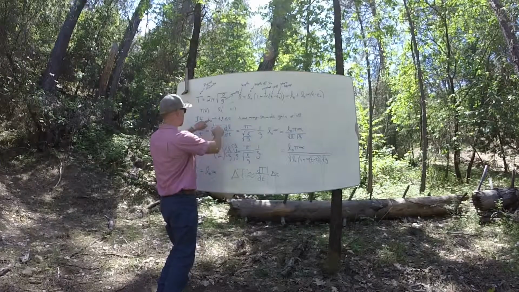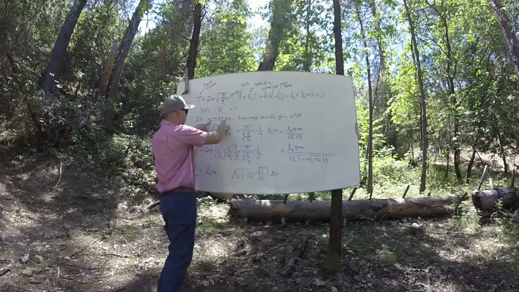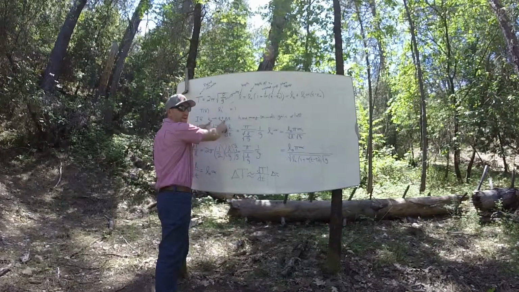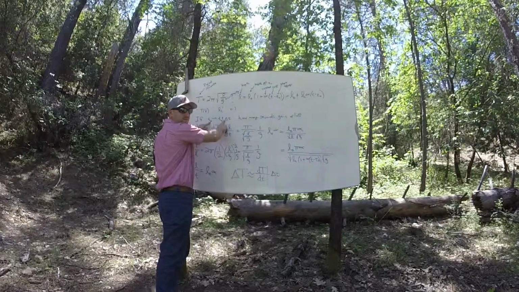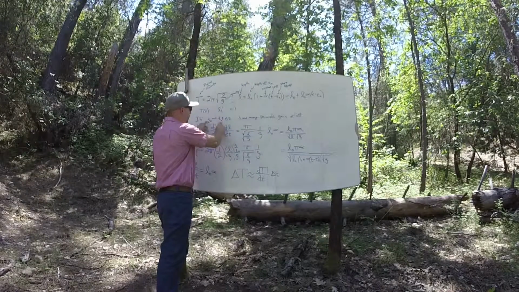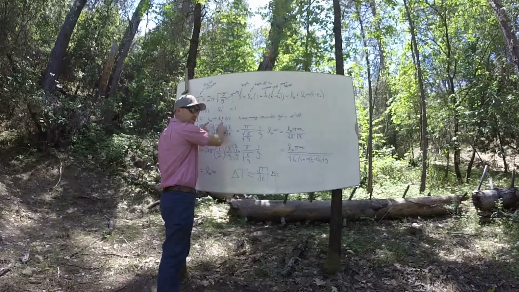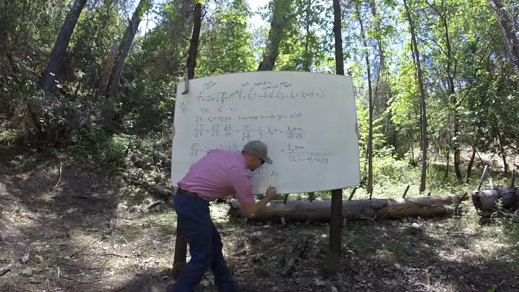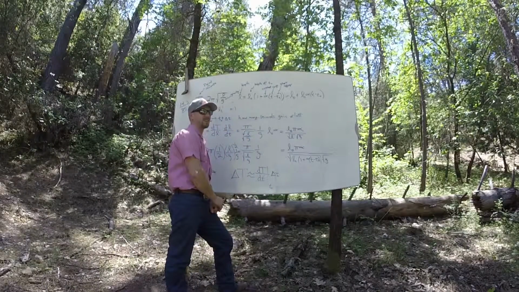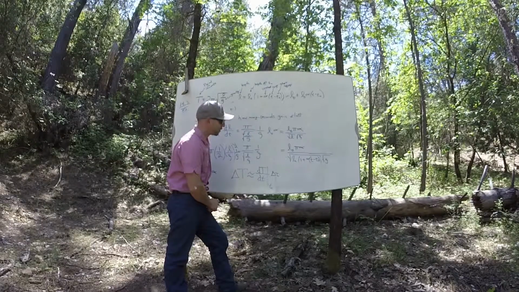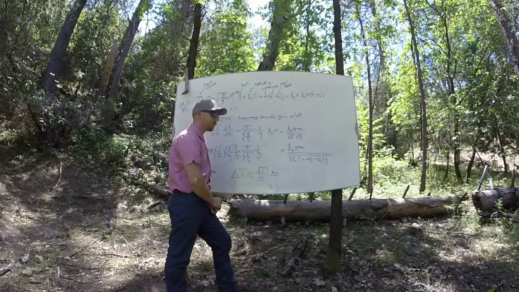I'm trying to change from t naught to t naught plus delta t, right? So T naught's where I'm trying to take this derivative. So I really want to evaluate this at T naught. Which is going to make my life a little bit easier because some of that stuff's going to zero out on me.